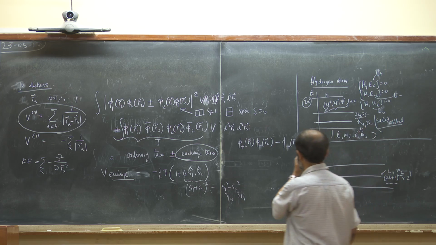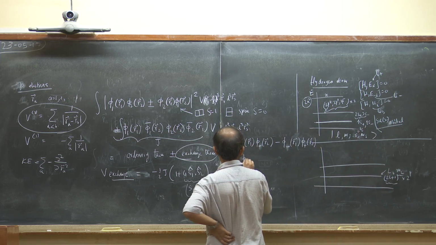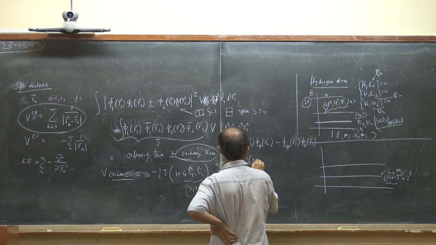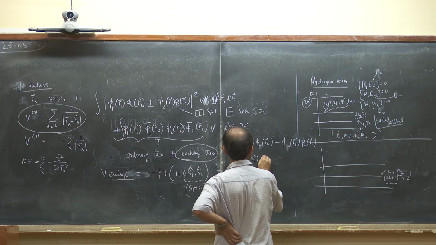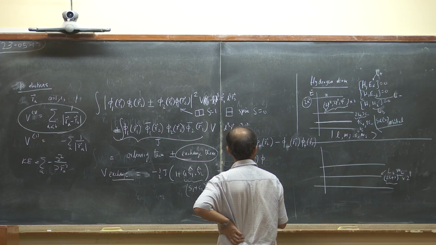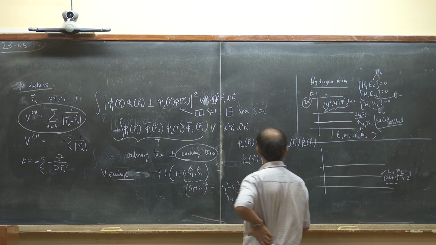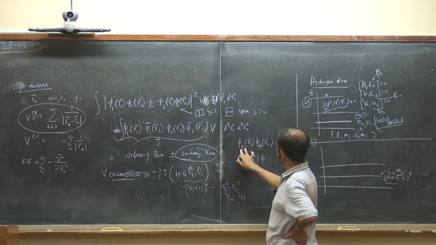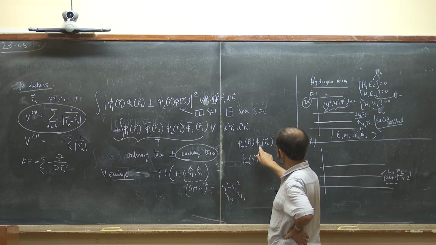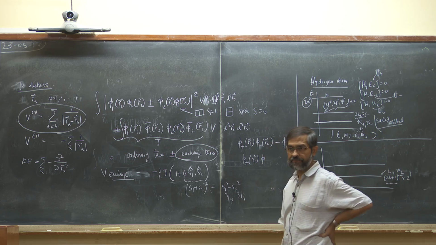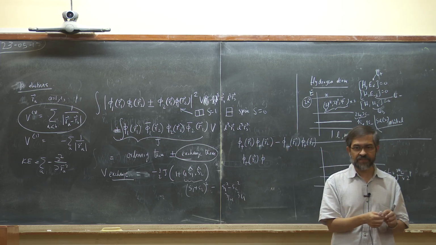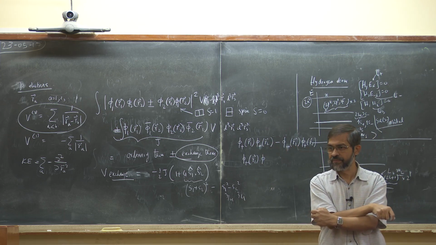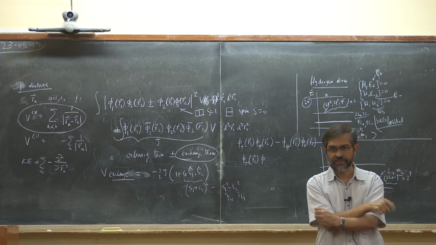So these are the wave functions. This is the spin half wave function at R1, the spin minus half wave function at R2, and the flip. The quantum numbers remain the same, the position coordinates change.